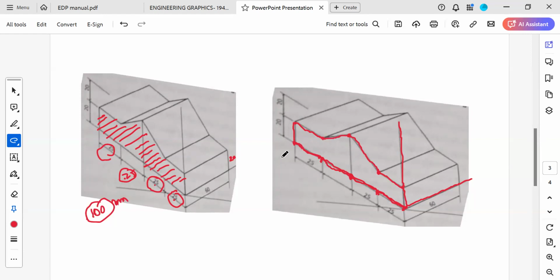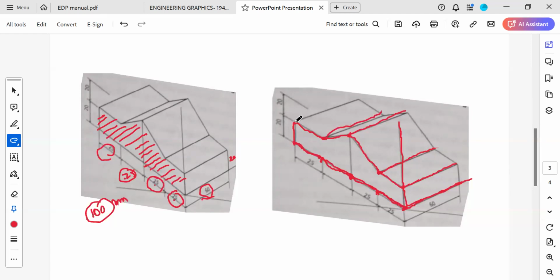So now the front view portion is completed. Now at each corner you measure 60 mm. This is a 60 mm line parallel to this axis, and this is a 60 mm line, and this is a 60 mm line, and this, and this is a 60 mm line.